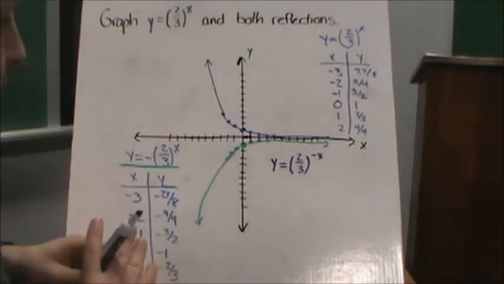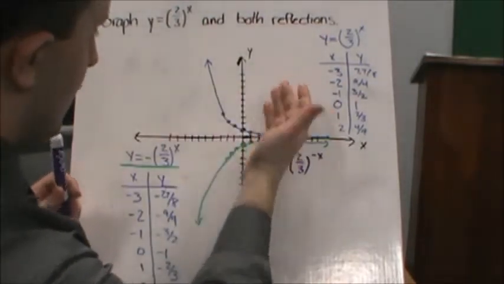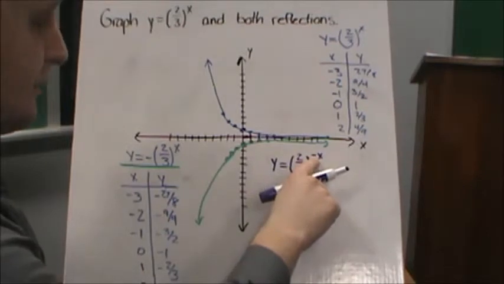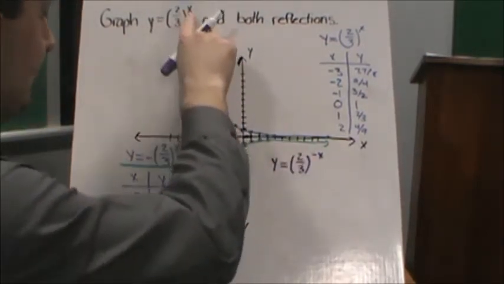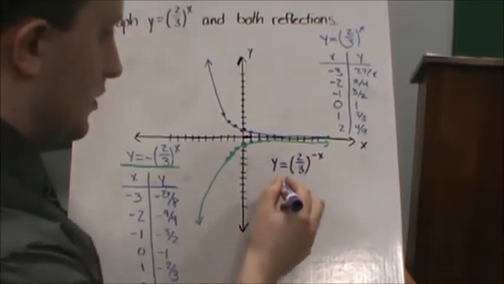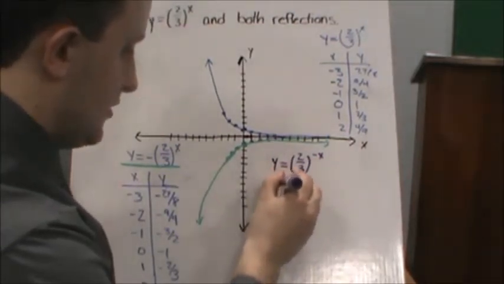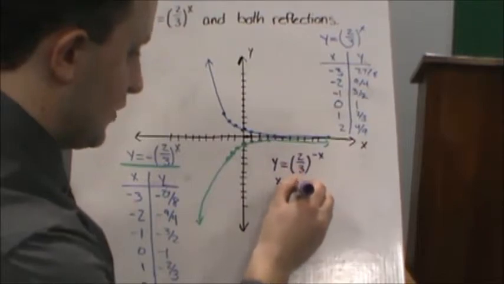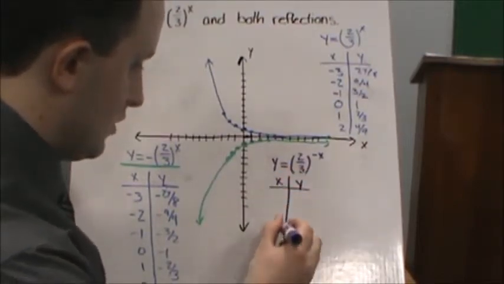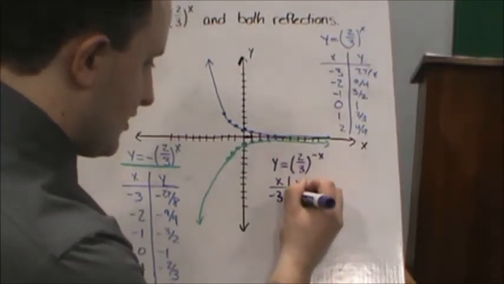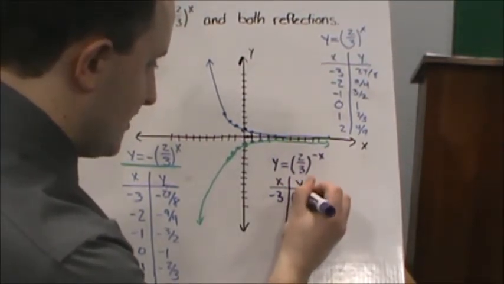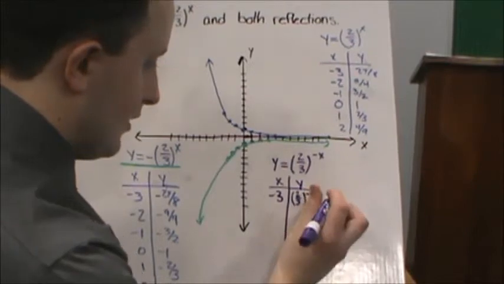So now we have to take care of the reflection across the y-axis. And to do that, all we have to do is just plug a negative in front of the exponent x, and then evaluate. So we use our table of values, x's and y's. Let's start with the negative 3. We get 2/3 to the negative 3.